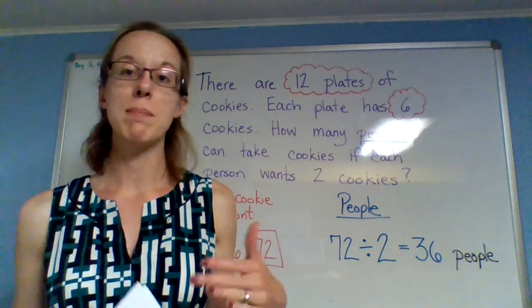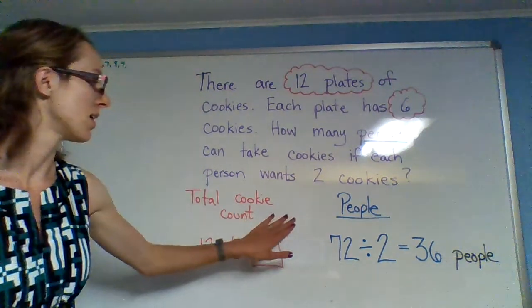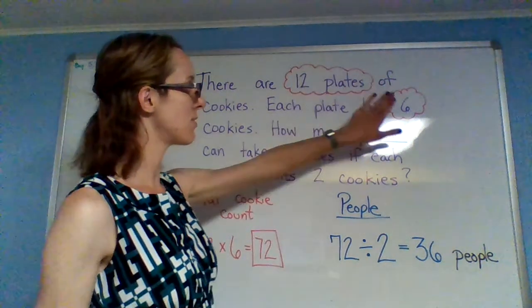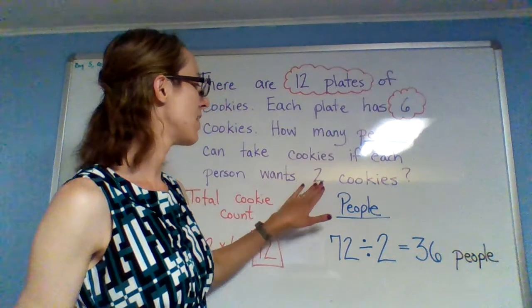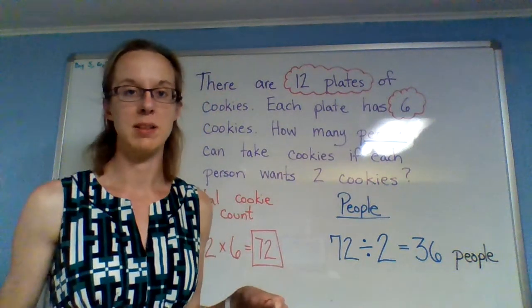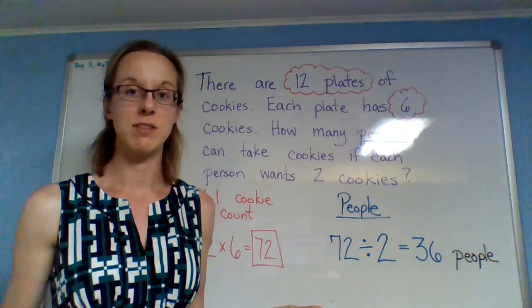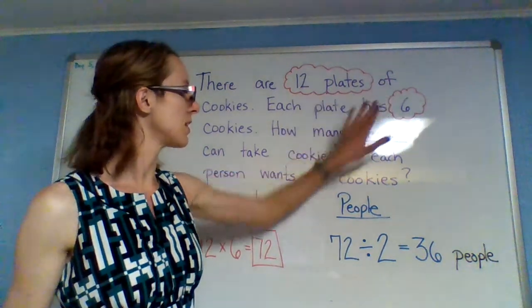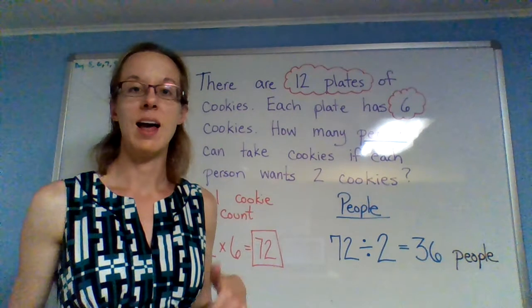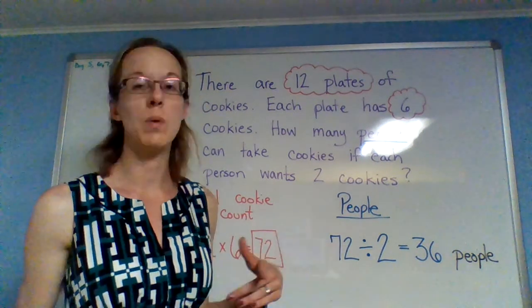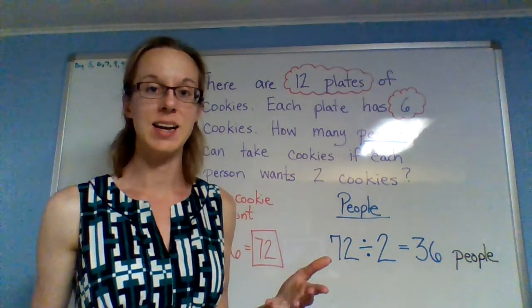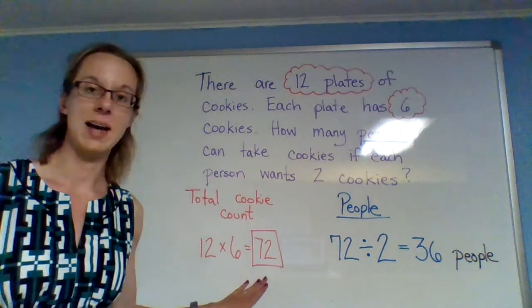Or they might be multi-step word problems, like the one we just did, where you first have to use some of the numbers and then you need to use another number in the problem to figure it out. It'll be really important that you read the questions carefully, that you look for the key pieces of information, and that you make sure you're answering the question being asked, not just the first answer you get.